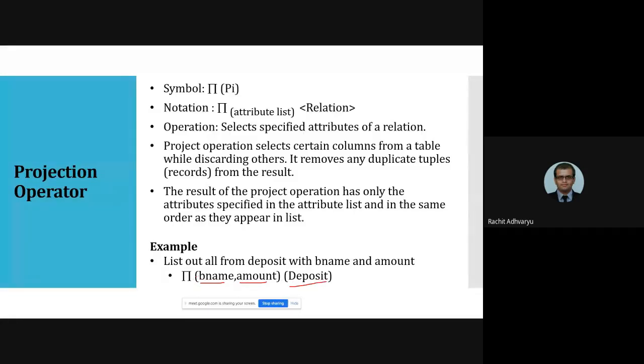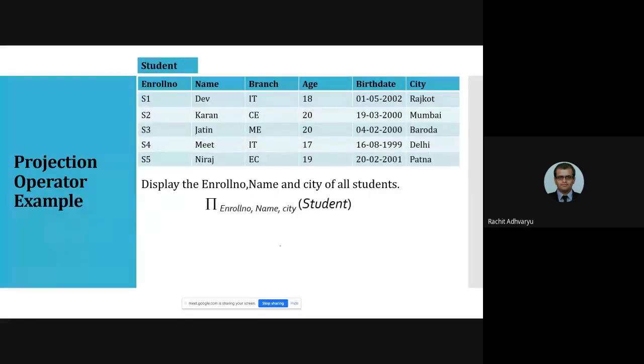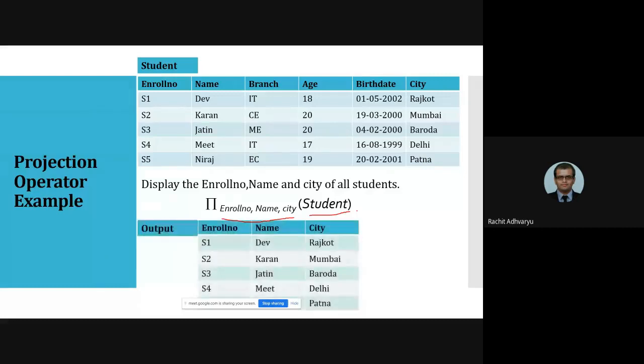Either you use round brackets for the column names or not, it is not compulsory, because you can see in this example that even if you do not provide the round brackets, that is okay in the projection, but you need to provide the round brackets while defining the table name or the relation name, right? So this is what projection operator is.